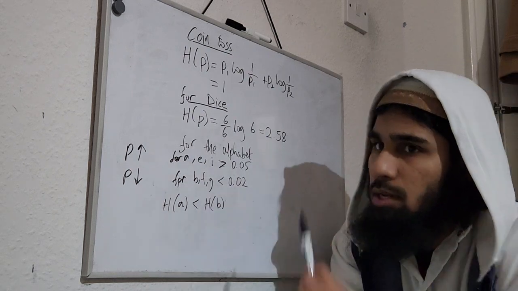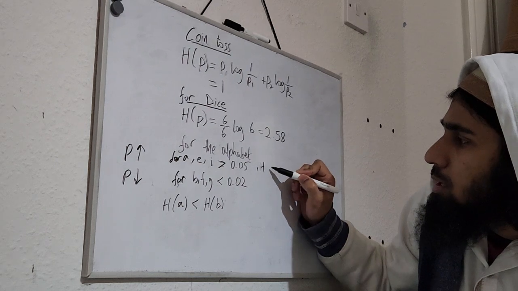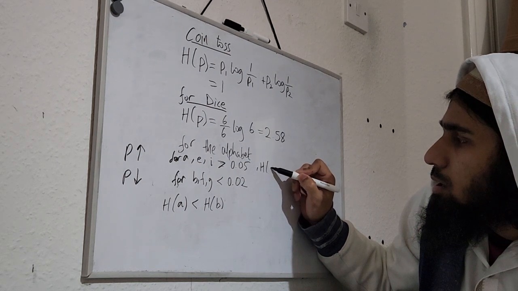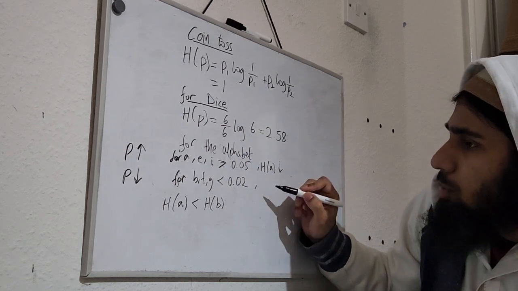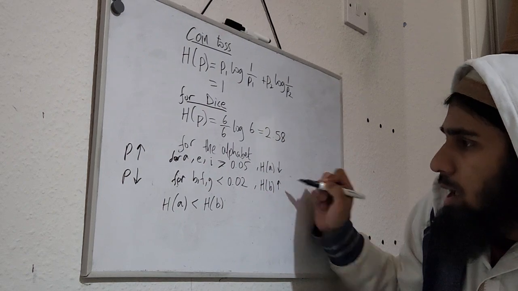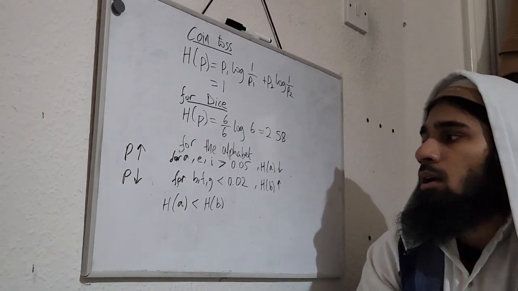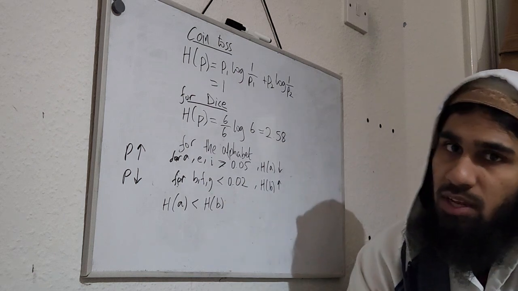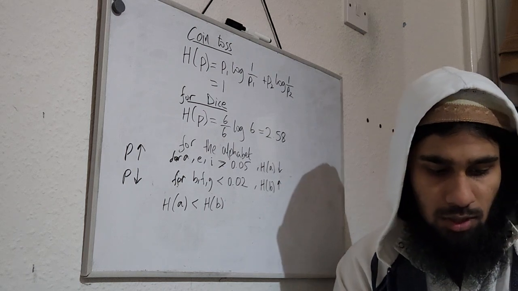So if the probability is high, the entropy will be lower, and if the probability is low, the entropy would be high, because it links with how much information we get. With B, we'll get more information about what the word will be. With A, we won't get that much information.